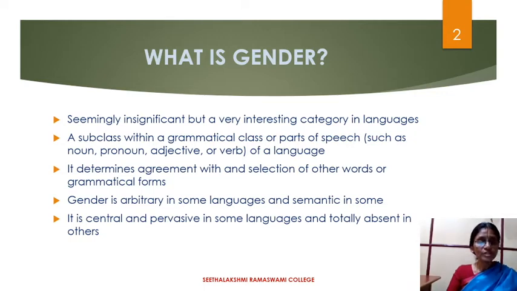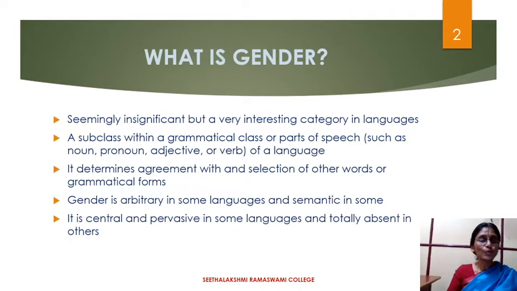In some languages, gender is arbitrary in the sense that there is no correspondence between the biological sex and the gender assigned to the words. In other languages, it is semantic in the sense that it corresponds to the biological sex.